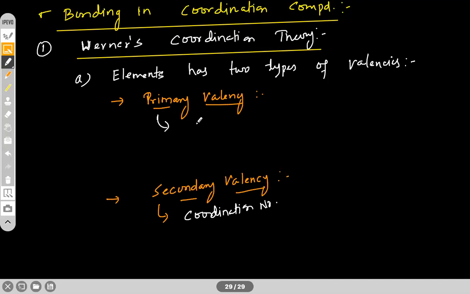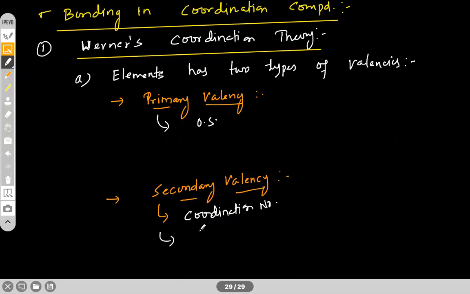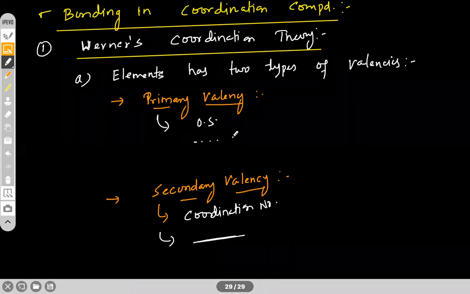But this one is the oxidation state of the metal, right? Second point I said, satisfied by either negative ions or neutral molecules. This one is satisfied by only negative ions. It is represented by a solid line like this. This one is represented by a dotted line like this. Write down: it is represented by thick lines or solid lines.